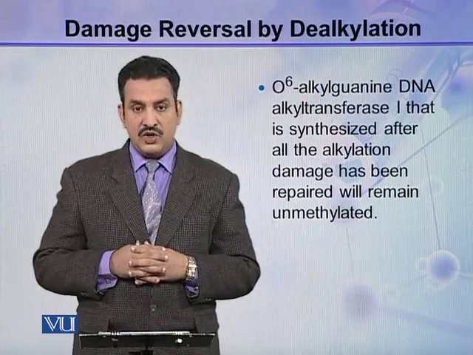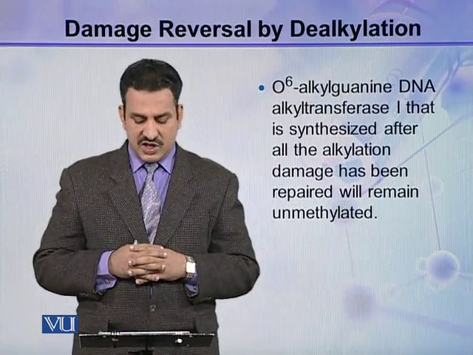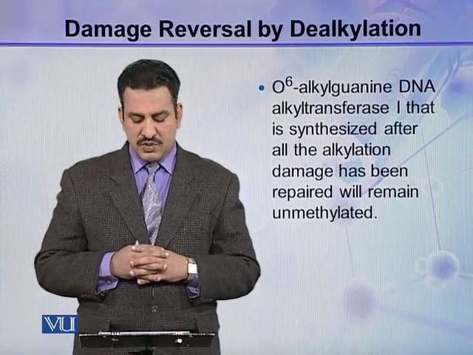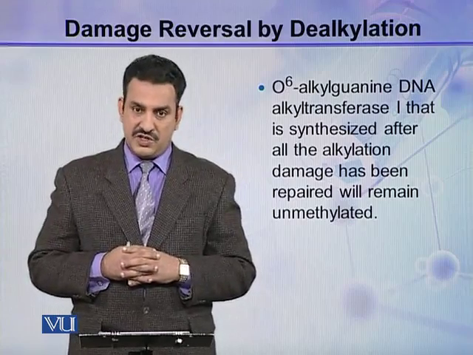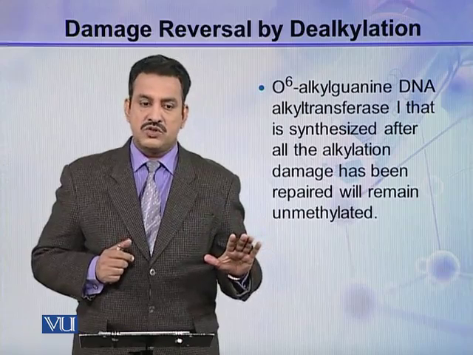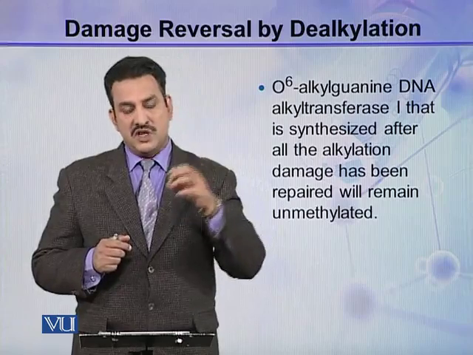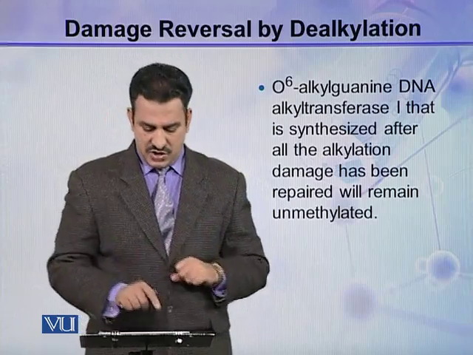O6 alkyl guanine DNA alkyl transferase that is synthesized after all alkylation damage has been repaired will remain unmethylated, because all the damage has been repaired. So there is no alkyl group which will be transferred to the enzyme. So it will remain unmethylated.